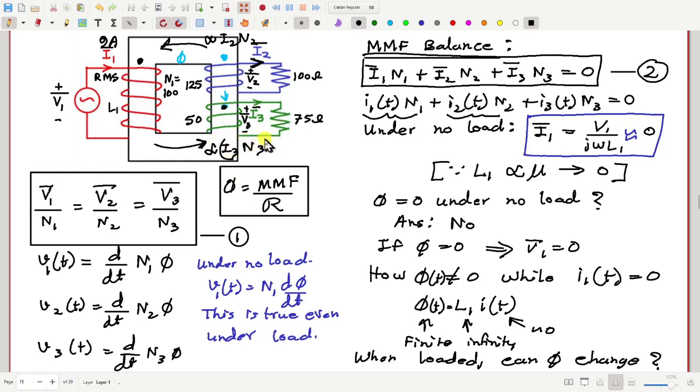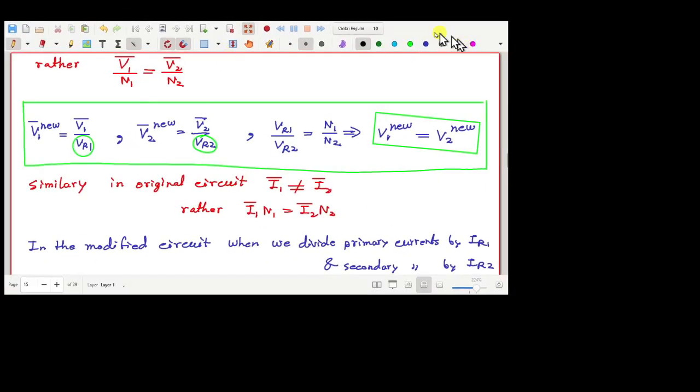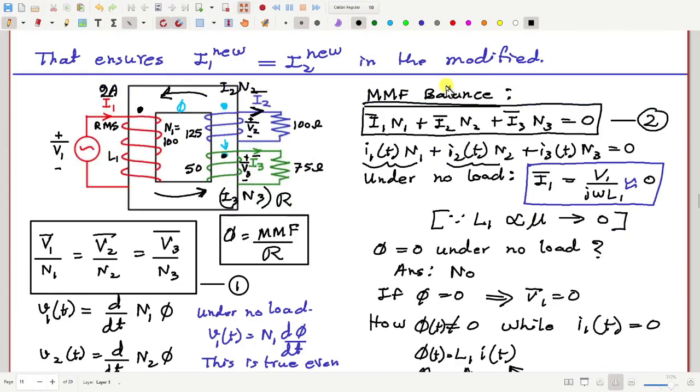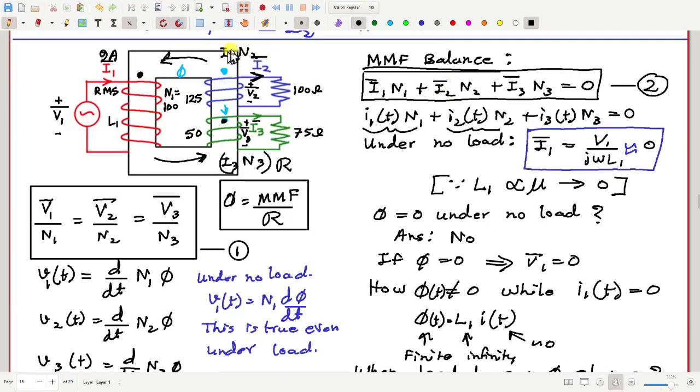Actually, how much? I3 N3 by the reluctance of the core. That is the amount of flux. In this case also, I2 N2 by the reluctance of the core is the flux generated by the current I2. And these two are both in the anti-clockwise direction.